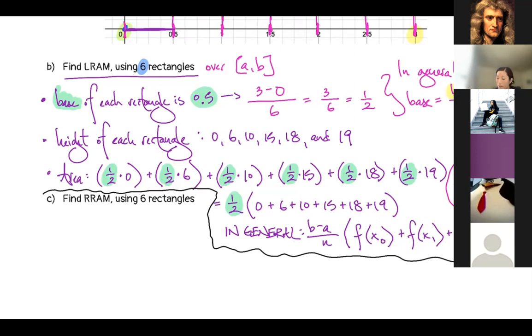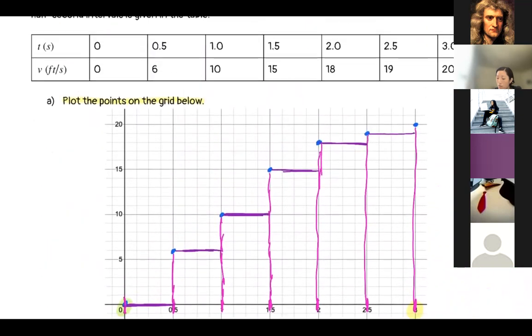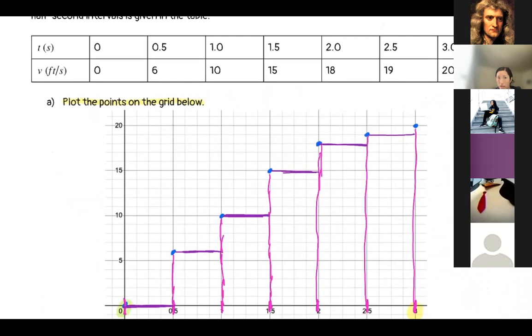Now, if I were to look at my table, and I wanted to use a right rectangular approximation, which of the y values would I use and which would I not use? Because I have 7 y values altogether.